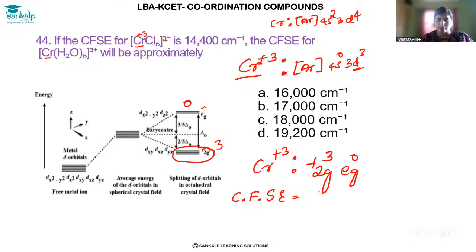number of T2g electrons into 2/5 into delta naught. 2 by 5 andre 2 by 5 ಮಾಡಿದಾಗ it is 0.4 into delta naught.